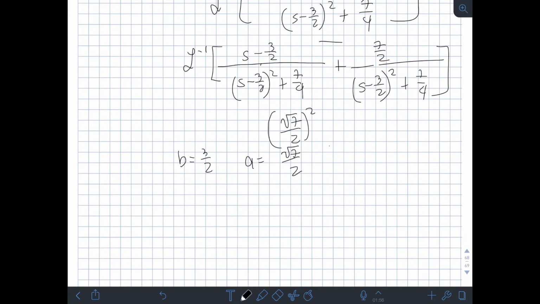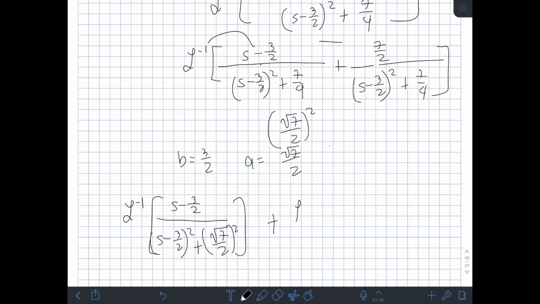Okay, so we have the inverse Laplace transform. So, I distribute: (s − 3/2) over (s − 3/2) quantity squared plus (square root of 7 over 2) quantity squared, and then plus the inverse Laplace transform. This 7 over 2 is a constant, so I set it aside. So, the inverse Laplace transform of 1 over (s − 3/2) quantity squared plus (square root of 7 over 2) squared.